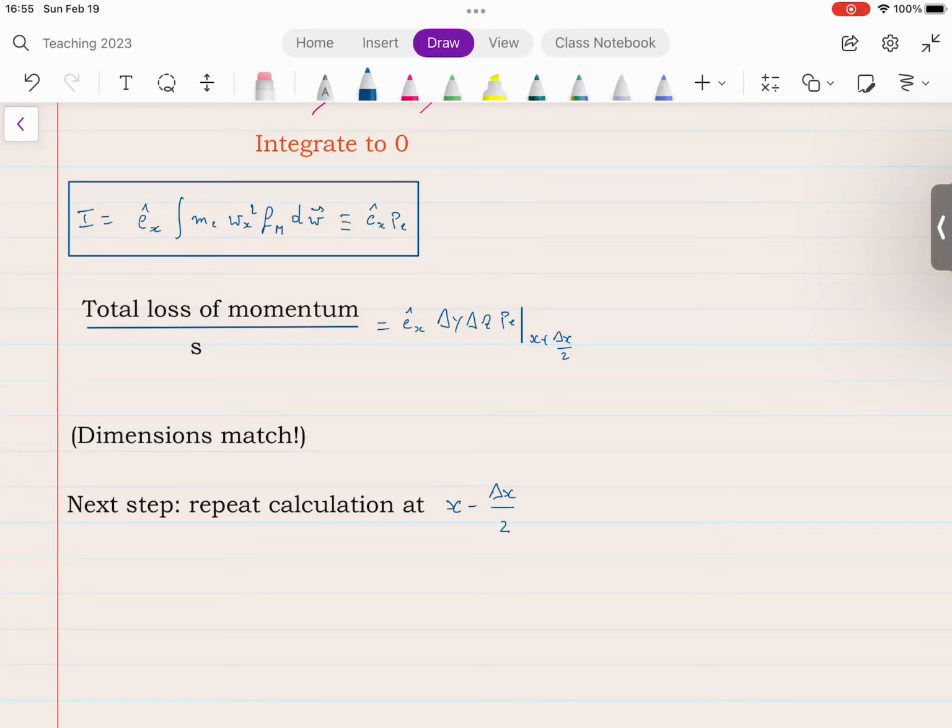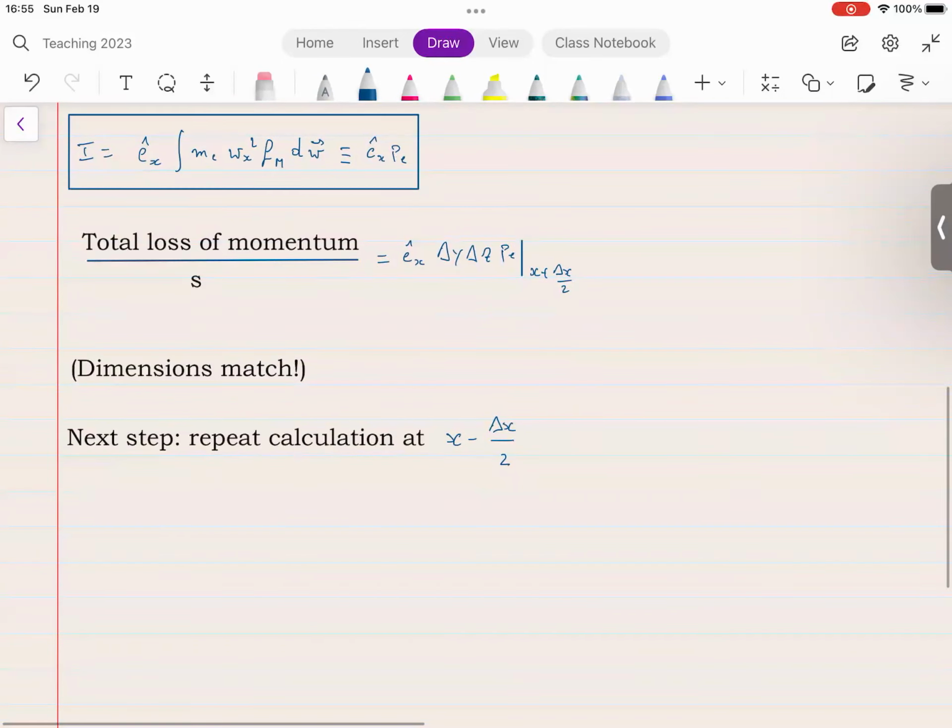But I hope you are going to be easily convinced by the statement that this is going to be identical. The procedure is going to be identical to the calculation that we just did, and therefore I'm just going to write the result.